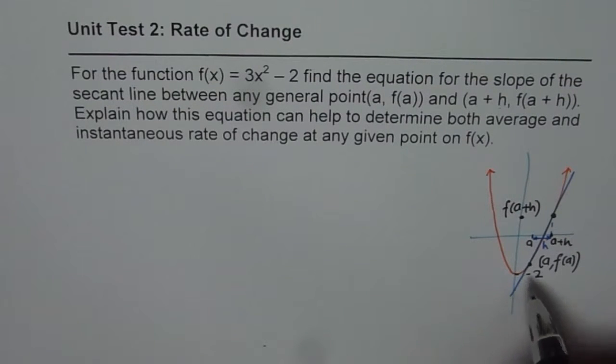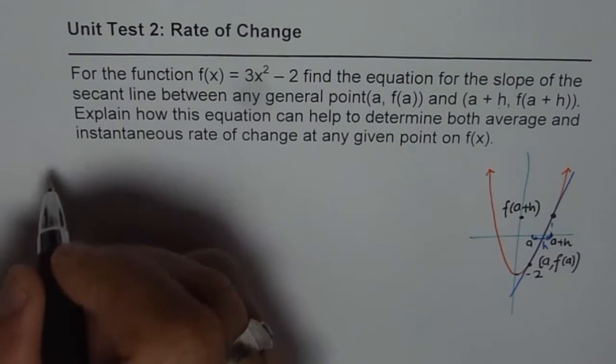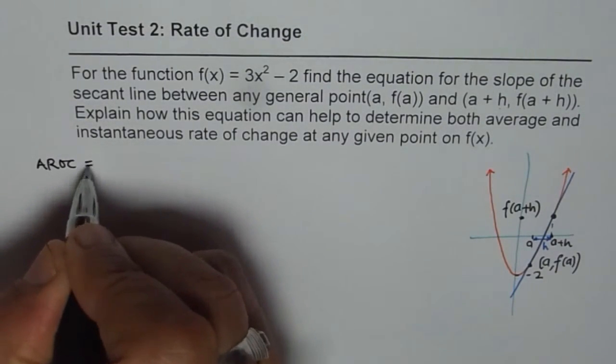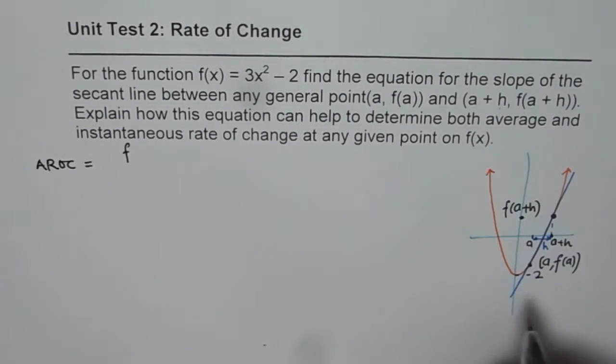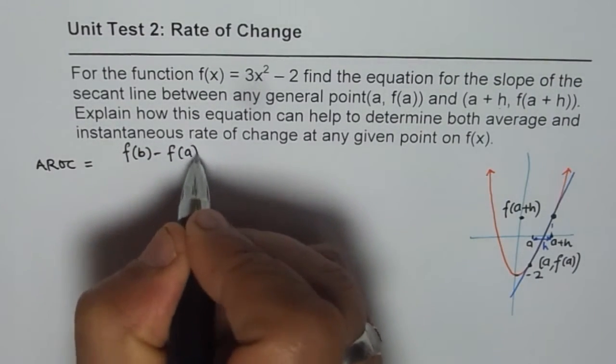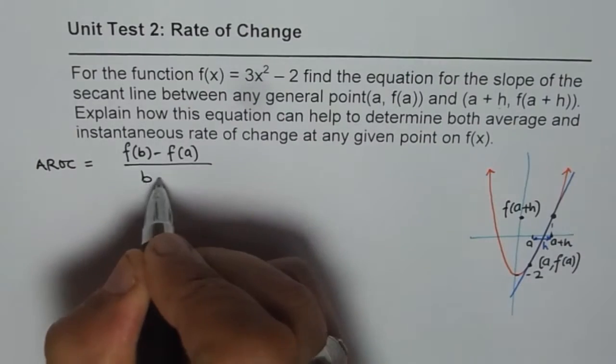Now let us find an equation representing this, right? So we know average rate of change between any 2 points we write f of b minus f of a over b minus a, right?